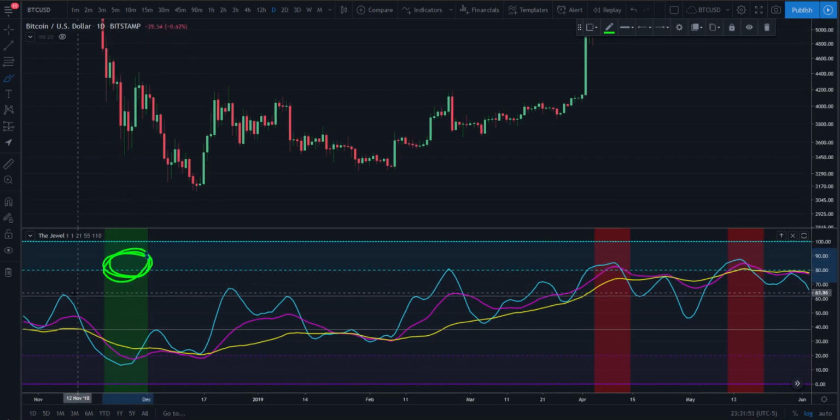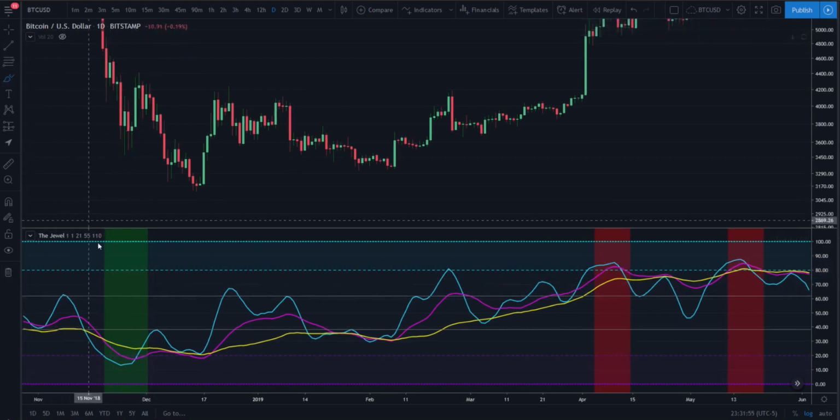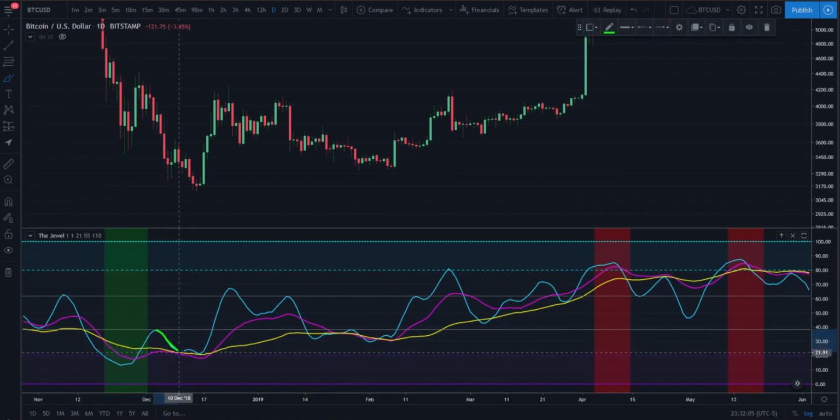Okay. Then after the background alert, you have the blue coming up. Then you have blue coming back down and testing the slower curves and using them as a support.